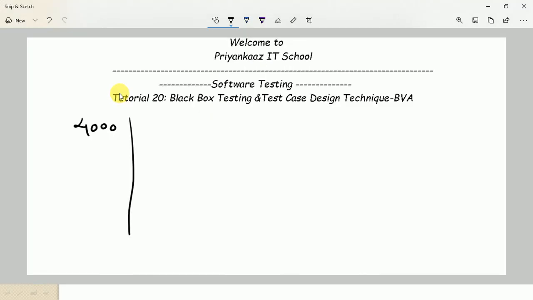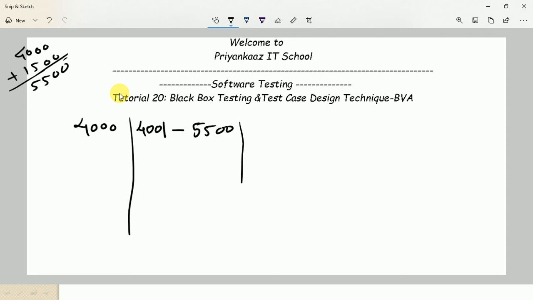Whenever there is the word next, you need to add 4,000 plus 1,500. So the next range will start from 4,001 to the added value. If you calculate 4,000 plus 1,500, you will get 5,500. Simple.